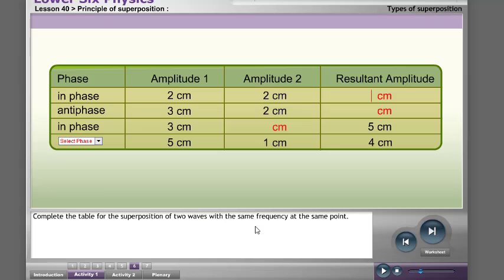Complete the table for the superposition of two waves with the same frequency at the same point.